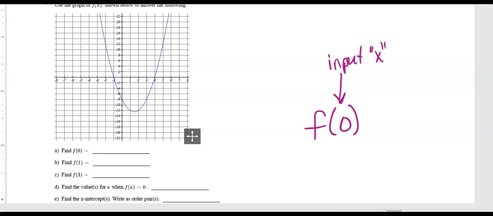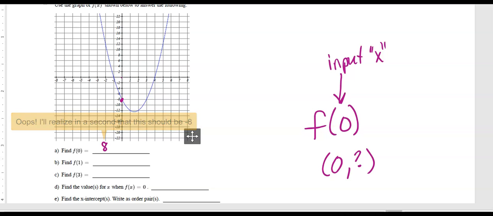So they're saying, what is the number that would be filled in if you had a point on the graph? If 0 is your x, what is the y? So let's just see what that would be. If my x is 0, that means I'm going to be on the y-axis. So I would go down to here. So f at 0 is 8.